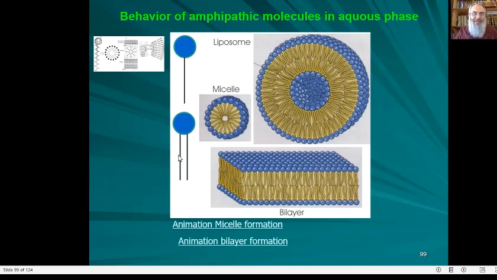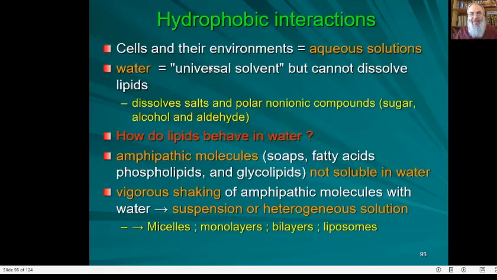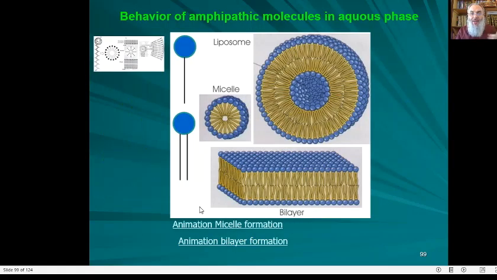What I represented as a vertical zigzag line in a previous video is now schematized as a straight line. It doesn't matter. We understand that there is a region that is hydrophobic and a head that is hydrophilic. So back to the result of mixing of amphipathic molecules with water, we get three types of structures.